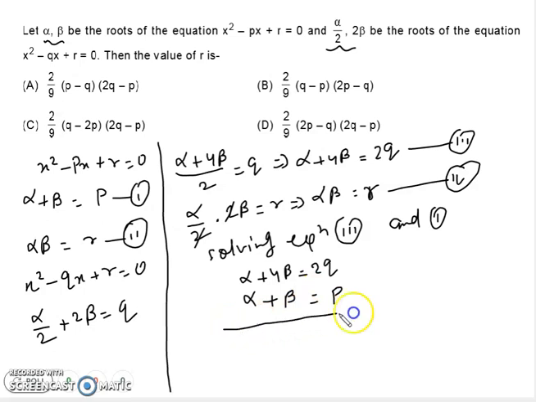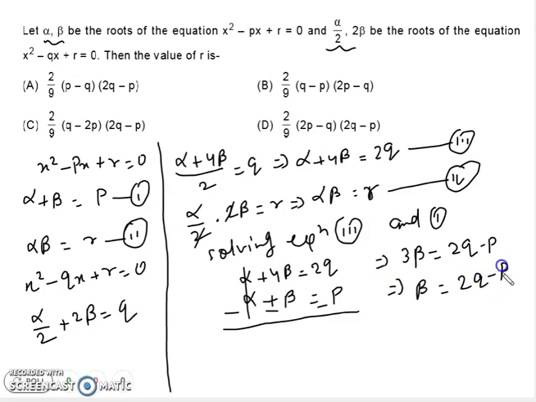Now subtract: alpha gets cancelled, and 4 beta minus beta gives 3 beta, equal to 2q minus p. Now beta is equal to (2q minus p) by 3. So it will be correct, and I will use this relation further. This is very important for the further solution.